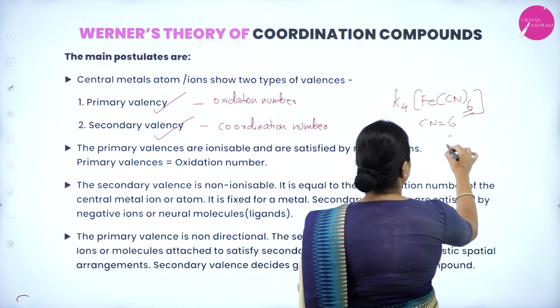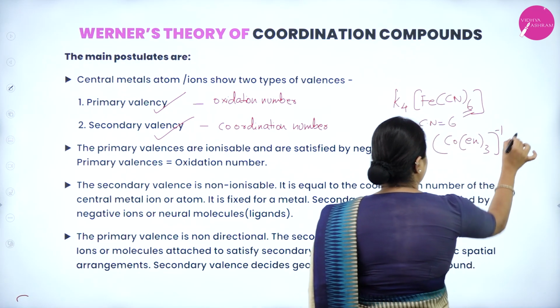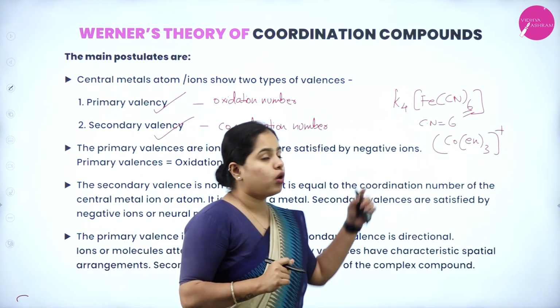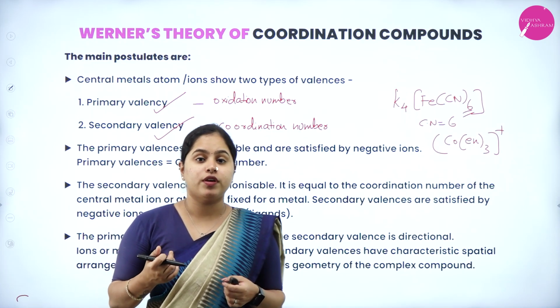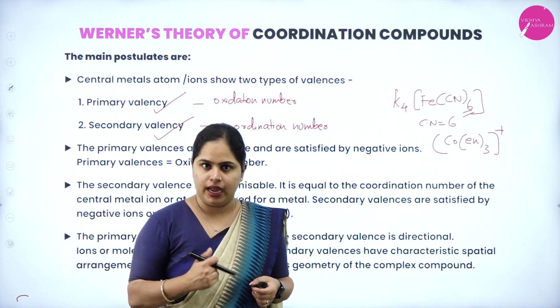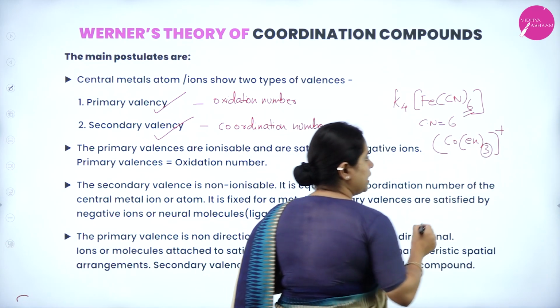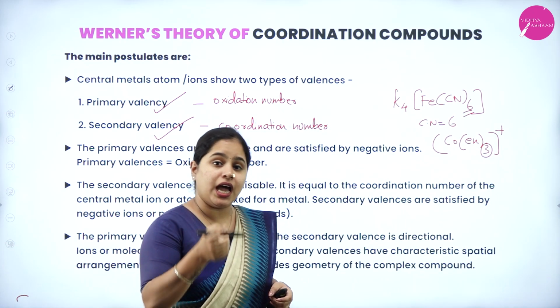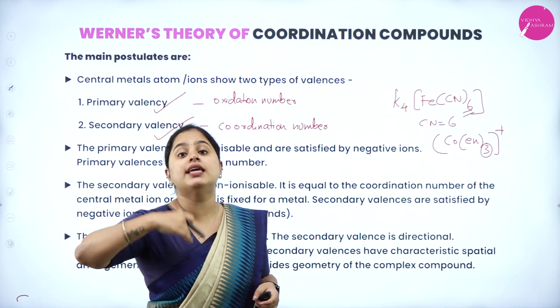Now another example, let us take [Co(en)3]3+. What does en stand for? It is ethane-1,2-diamine. What do we know about ethane-1,2-diamine? It is a bidentate ligand. Here 3 en ligands are there and it is bidentate, so the coordination number is not 3, it is 3 into 2.